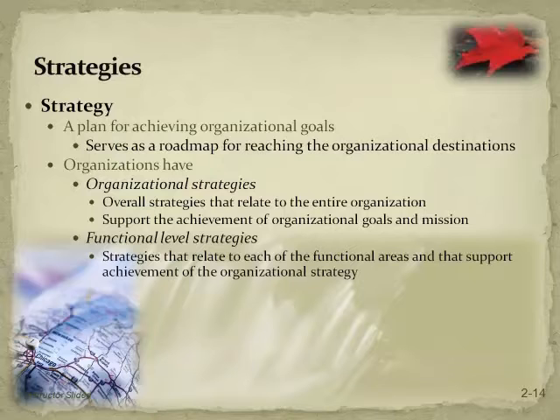So what strategies will the operations management organization use that are going to be supporting the organizational strategy? There could also be functional strategies that are defined for the marketing function or for the finance and accounting function. All of these should be supporting the organizational structure.